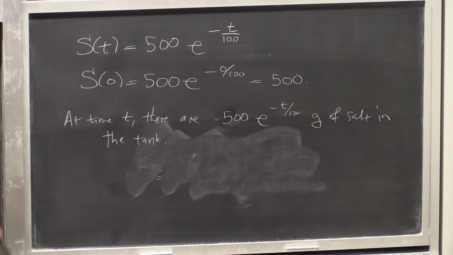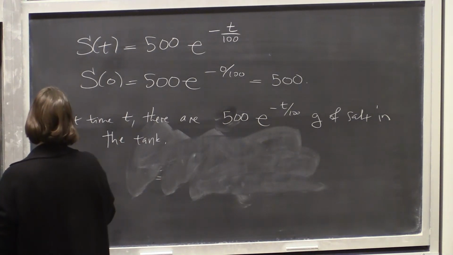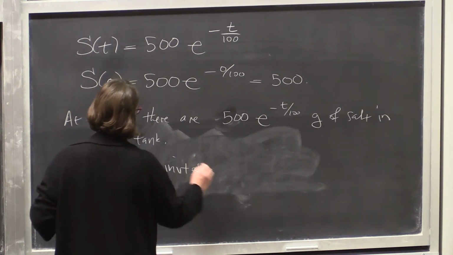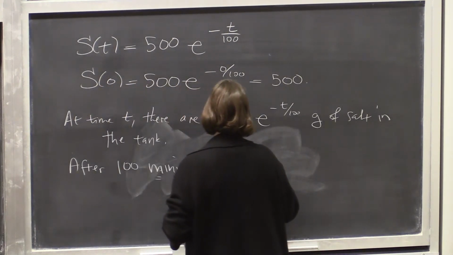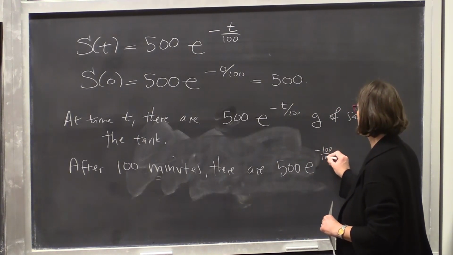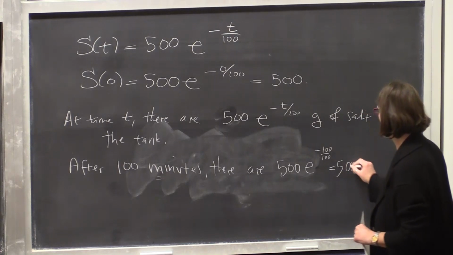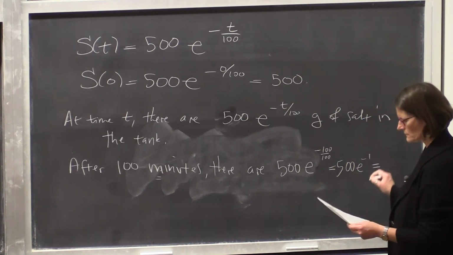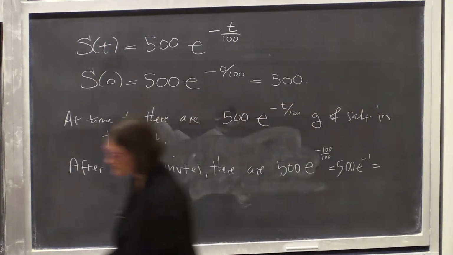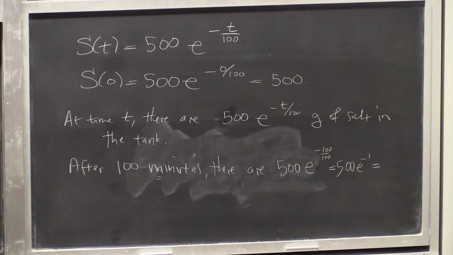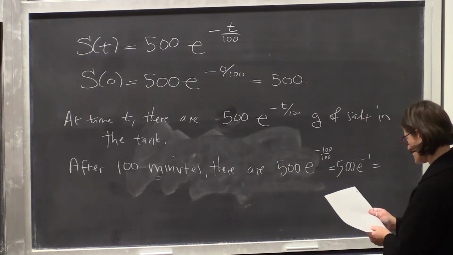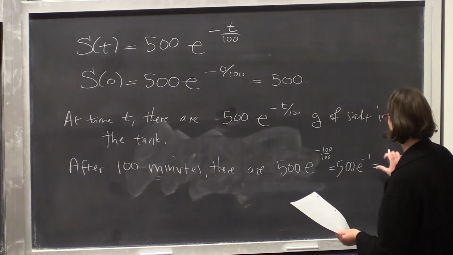Now the next question was how much salt was there at time 100. After 100 minutes, there are 500 e to the minus 100 over 100, which is 500 e to the minus 1, which is, okay, some number.